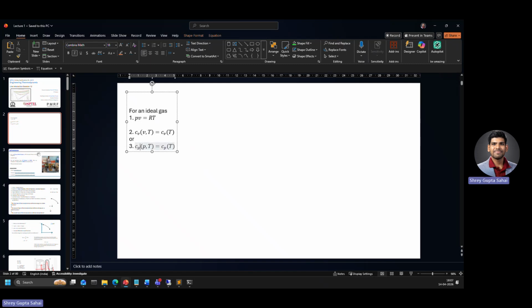So, to show if one holds implies two or three, or two or three implies one.